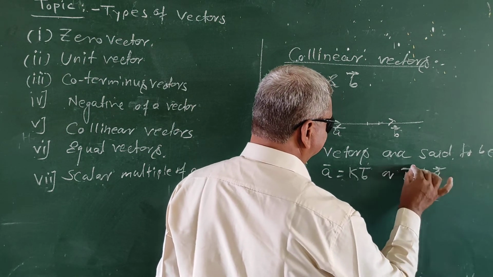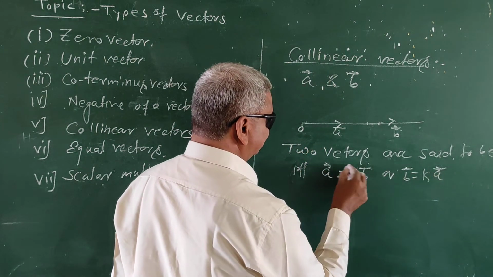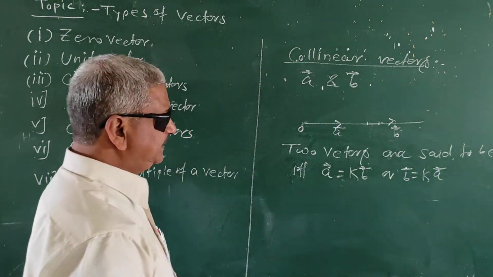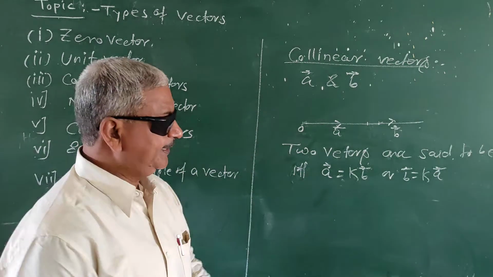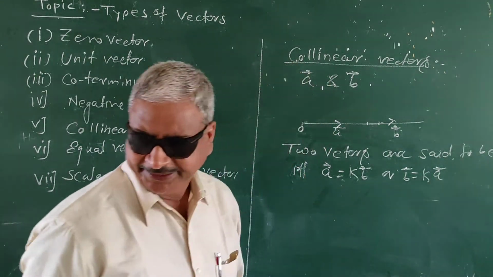So what is the meaning of this? It is a very important property of collinearity. One of the vectors can be expressed as a multiple of the other, where k is a constant.